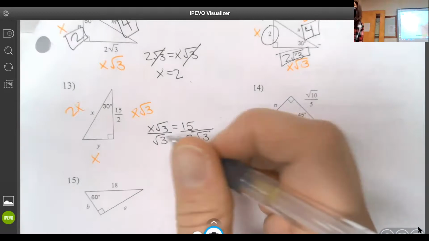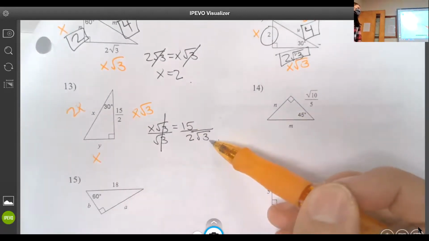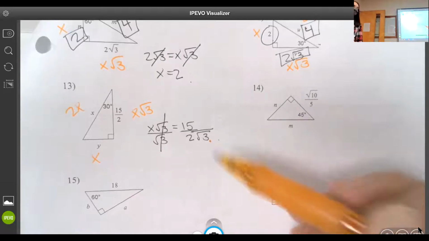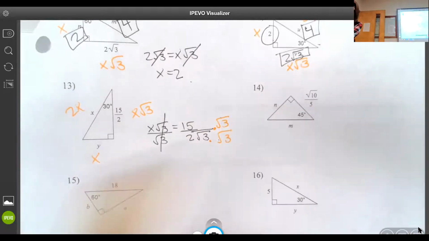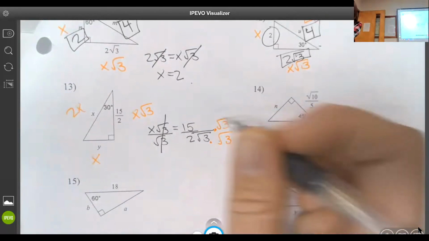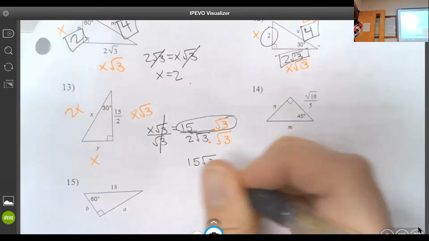But that's tricky. I can't leave that, so how do I get rid of the rad 3 that's in the denominator? Rationalize the denominator, multiplying by rad 3 over rad 3. So that's going to give me 15 rad 3 in the numerator.